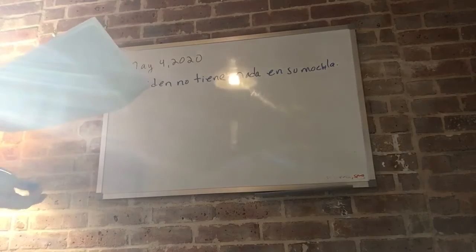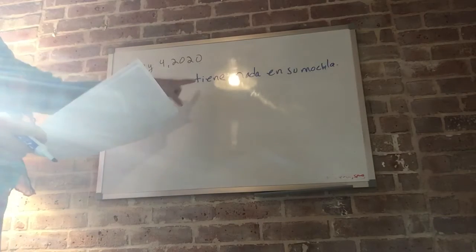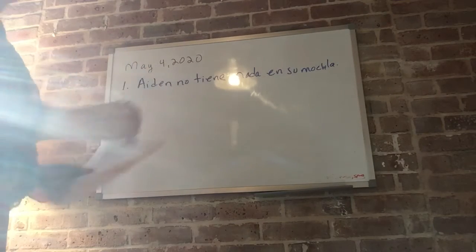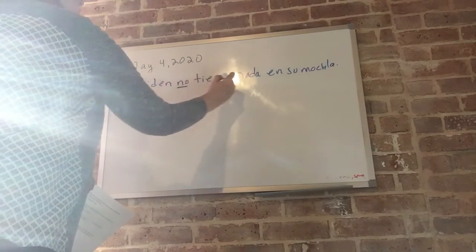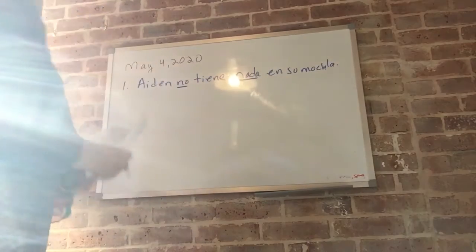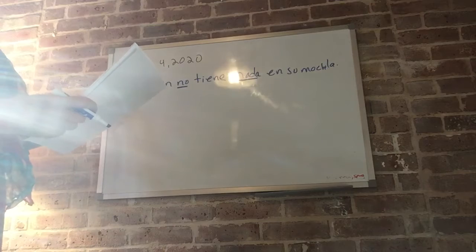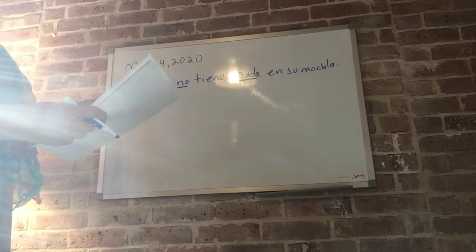Okay, so it'd be Aiden no tiene nada en su mochila. We're going to use no before the verb and nada after the verb. So, Aiden no tiene nada en su mochila.